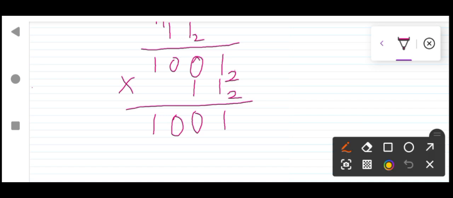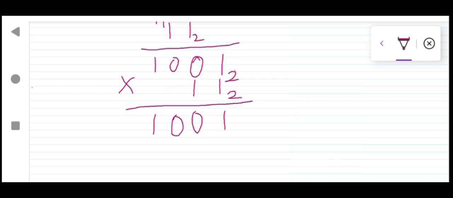So we do the multiplication again quickly. 1 times 1 is 1, 1 times 0, 0, 1 times 0, 0, 1 times 1, 1. So let's go write that.